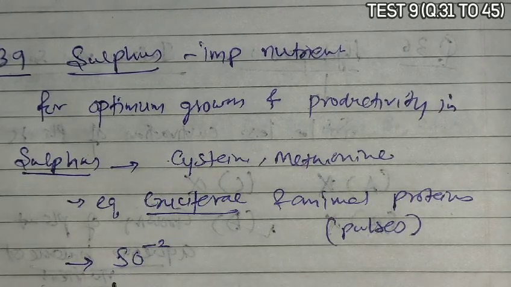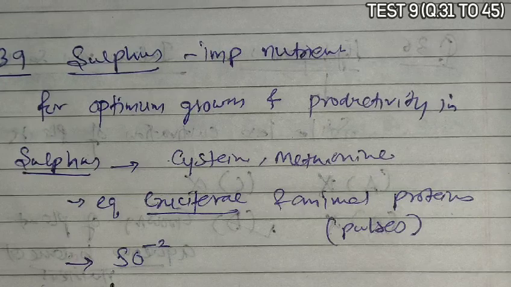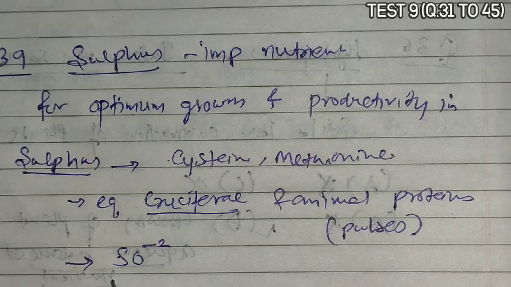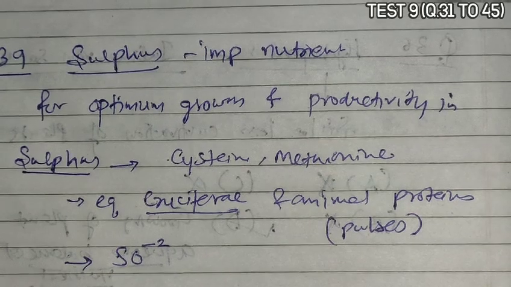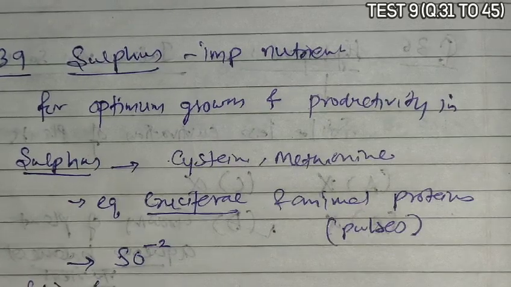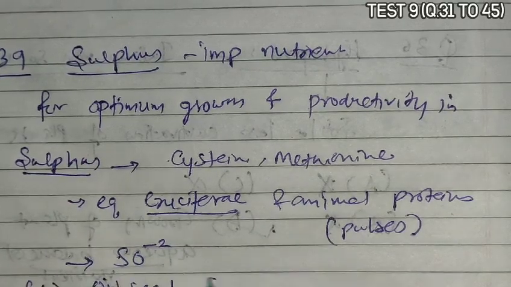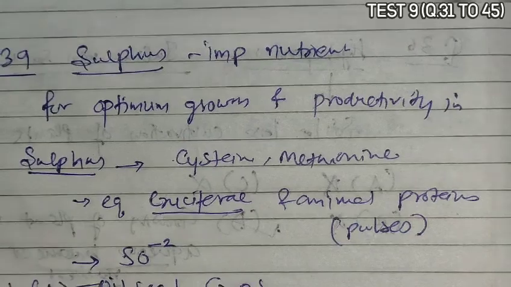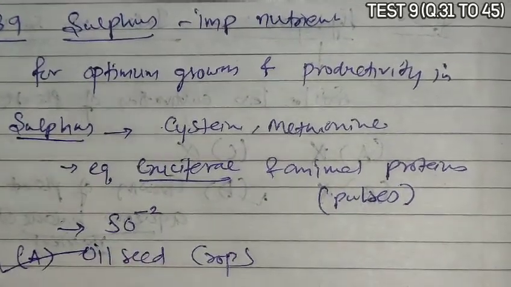It is a constituent of some of the lipids present in the chloroplast. Now the family Brassicaceae is pungent due to the presence of sulfur-containing oils. So sulfur is important in option A, that is oil seed crops. That is the correct answer which you have to remember.